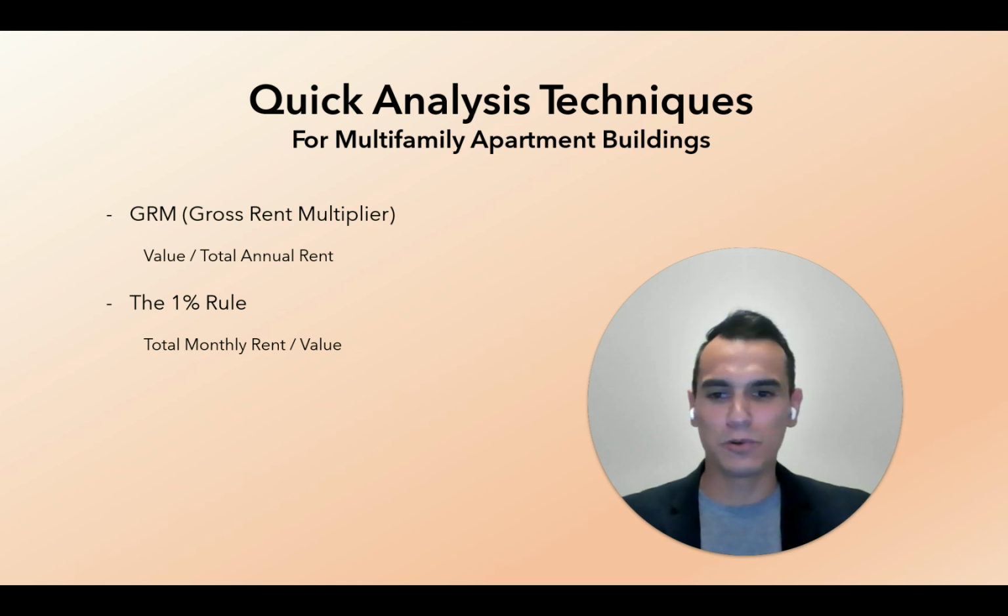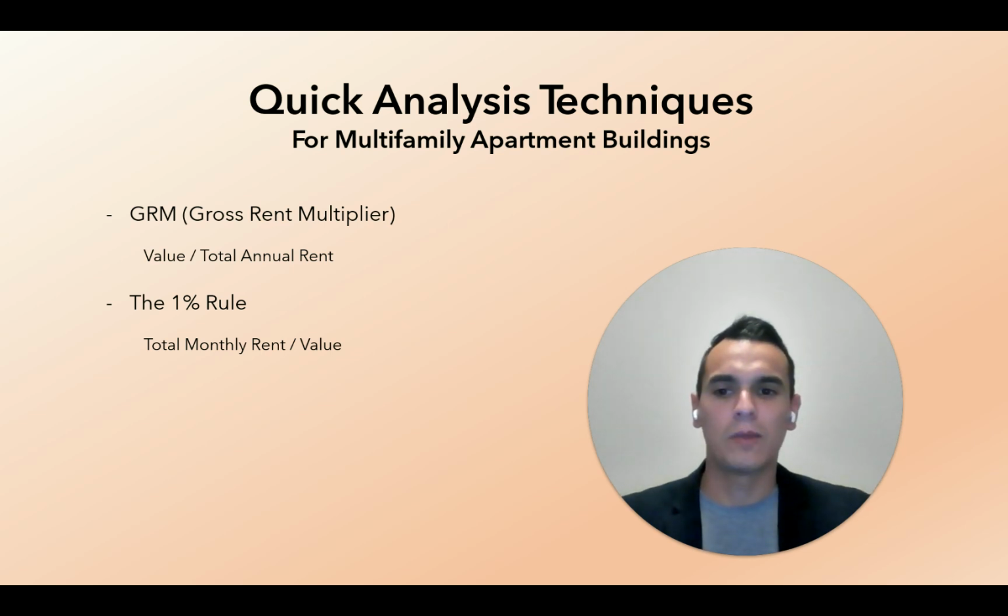But I think this is a really good one, applicable for any size multifamily. And really, what we're trying to achieve here is a metric that takes away all of the other fluff of expenses and taxes and all of that kind of stuff, and just gets down to the brass tacks of a deal. How much is it making in rent?